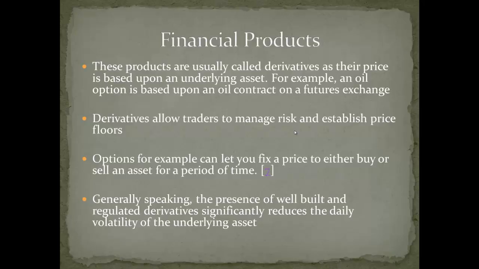A good historical account would be onion futures compared to coffee futures, looking at options on coffee futures when there were no options on onion futures, and seeing the rapid price volatility that occurred in the onion market compared to the volatility in the coffee market. Most economists and financial experts tend to agree that having financial derivatives is a really good thing for the stability of a market, and also for reducing volatility within a market.